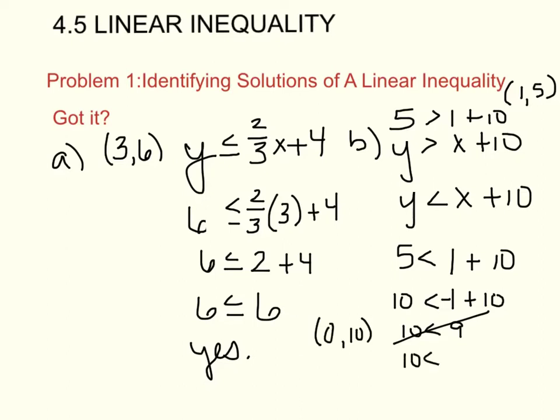Well, if y was 10 and x was 0, 10 is less than or equal to itself. No, this would not work. And actually, (0, 10) wouldn't make either of those true. So therefore, it doesn't have to be a solution. It could be, but it's not always going to be a solution if it does not work for the original inequality.